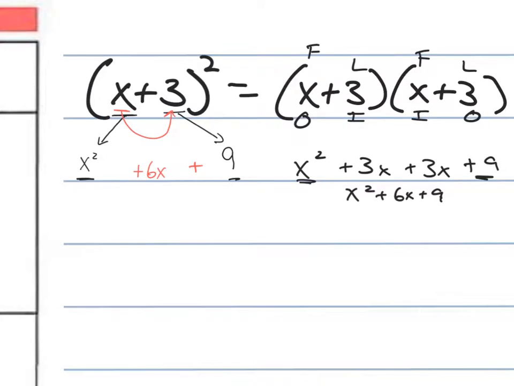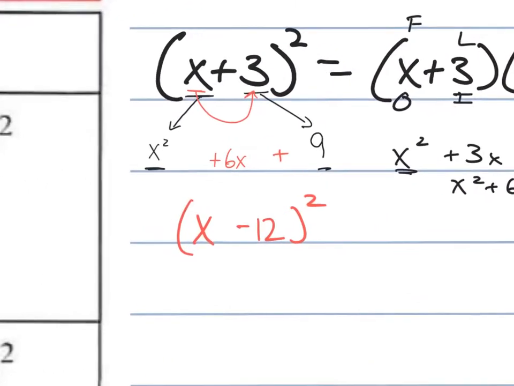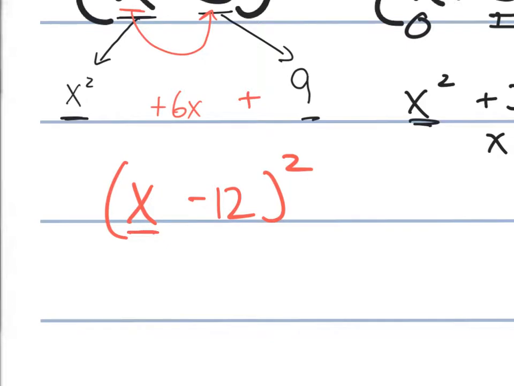So check this out. Let's say that I've got x plus 12, actually let's make it a little bit harder, x minus 12 squared. What is x squared? It's just x squared. And what is negative 12 squared?